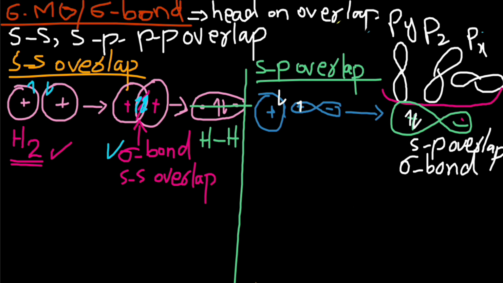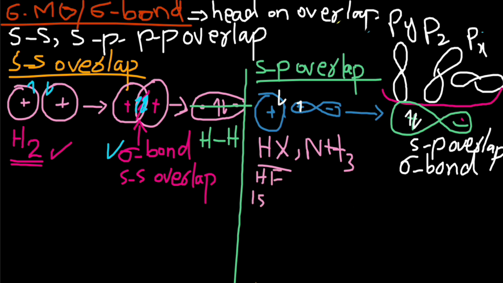The examples include hydrogen halides, HX, where X can be fluorine, chlorine, bromine and iodine, plus ammonia. These have sp overlap.